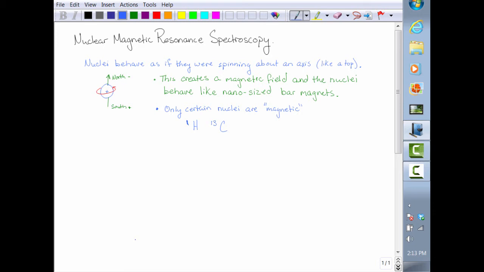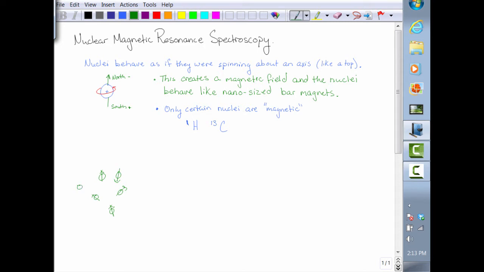Okay, so in solution, these nuclear spins are completely randomly oriented. These little magnets, or if we think of the little arrow there as the north and south pole, are pointed in all kinds of different directions. You have a bunch of nuclei, and their magnetic fields are completely randomly oriented.